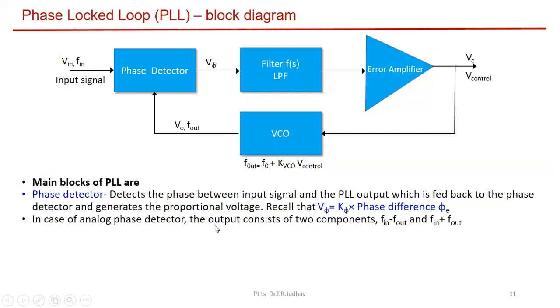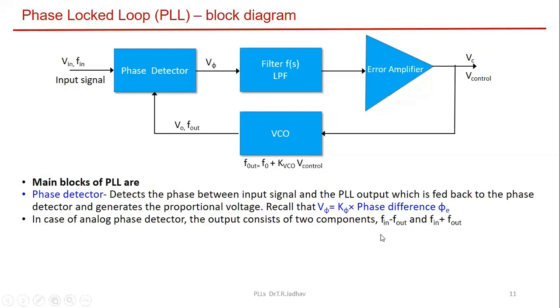So how does it do this? We know the equation, so recall that equation. V phi is equal to K phi, which is the gain or transfer function of the phase detector, multiplied by the phase difference. One thing you need to remember: if we use an analog phase detector, it always generates two components.